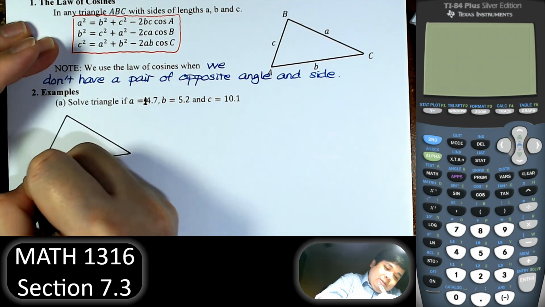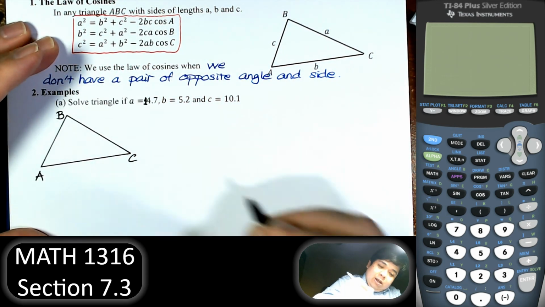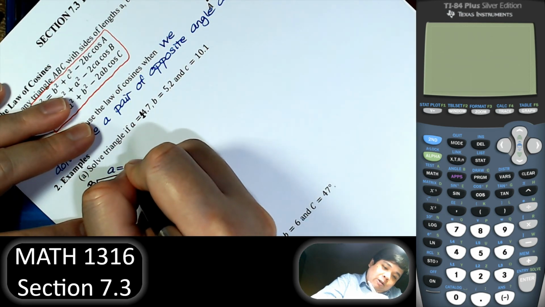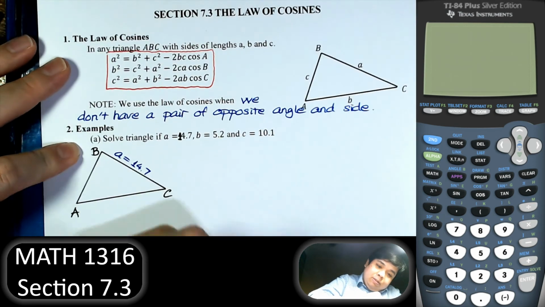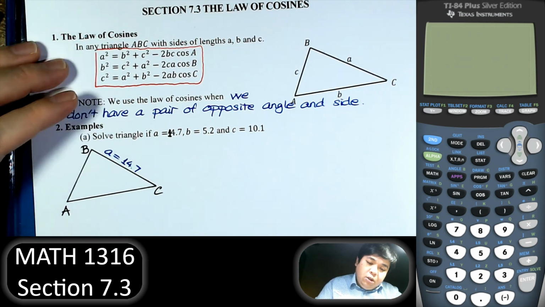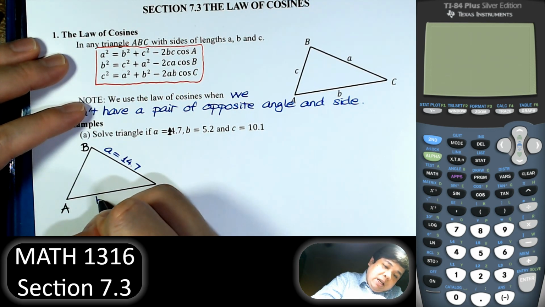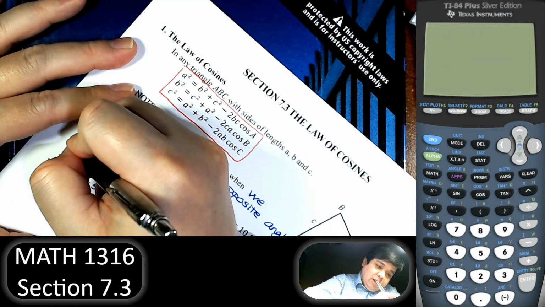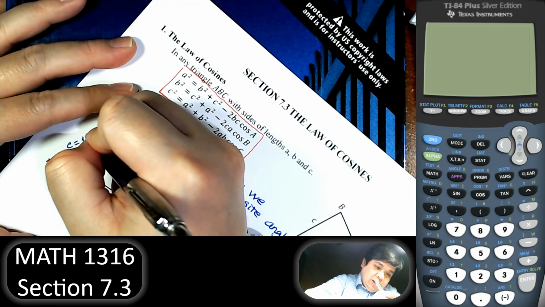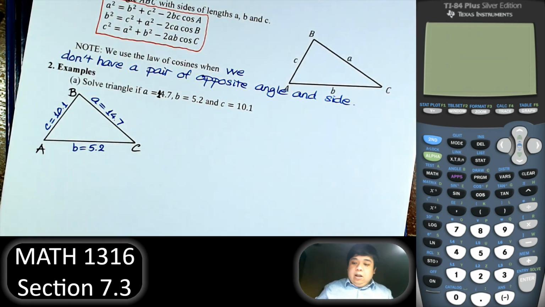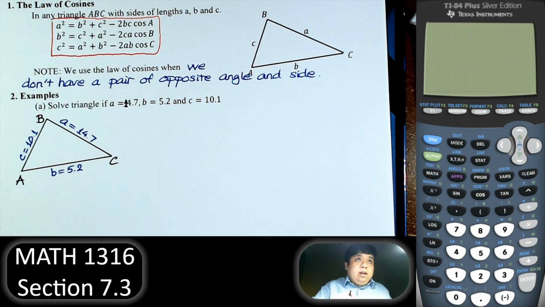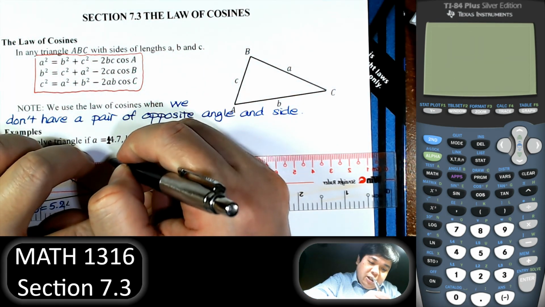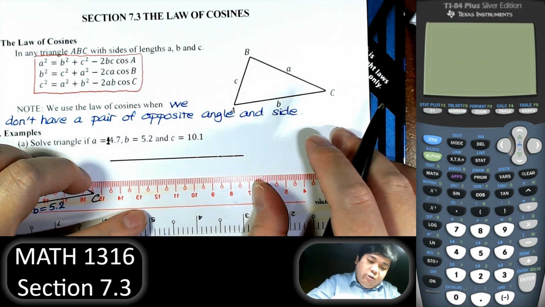So we know the side opposite to A is side a, 14.7. Opposite from B is 5.2, and opposite from C is 10.1. Right, we don't even need to write, but let's just write out the summary of what we need to solve for.